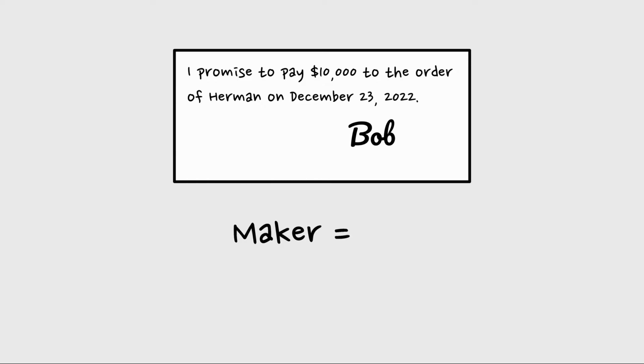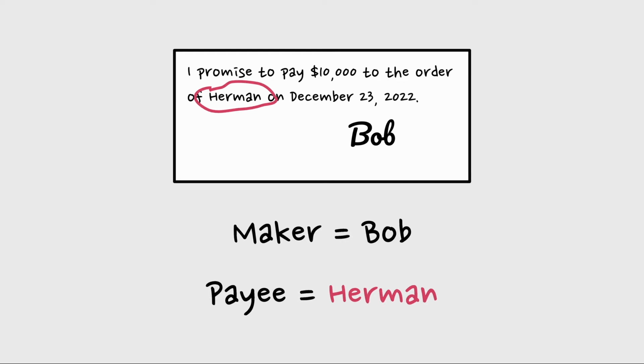There is the maker of the note, which in this case is Bob, right? The person who is making out the promissory note and giving the promise, making the commitment to pay the money. Then there is the person to whom that obligation is made. The party to whom that commitment is made is called the payee. In this case, it would be Herman.